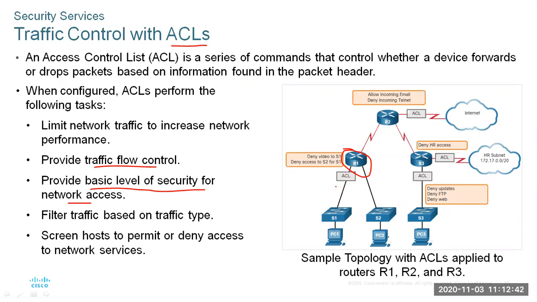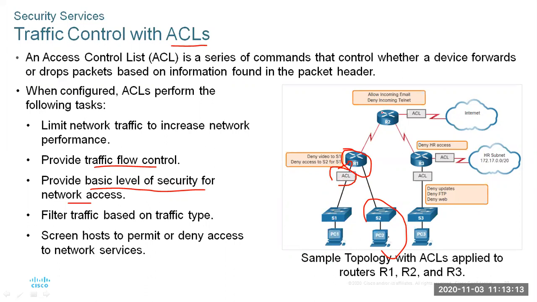In this case, the access list is applied going into the router, meaning that any system on this LAN that wants to run video will be denied access, and any system here that wants to access any service in this LAN will also be denied access.